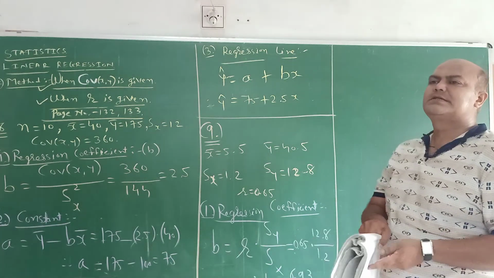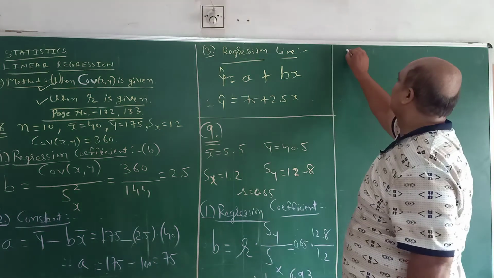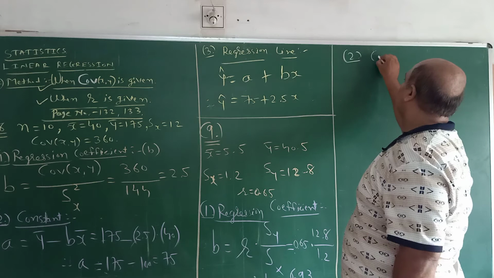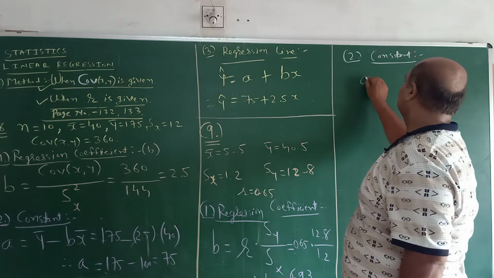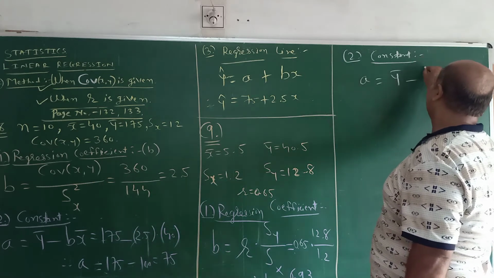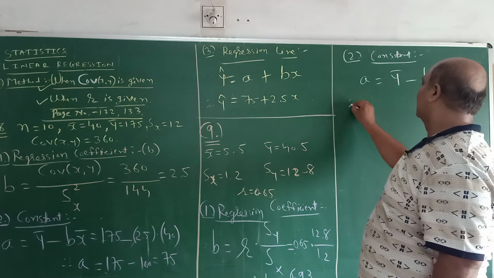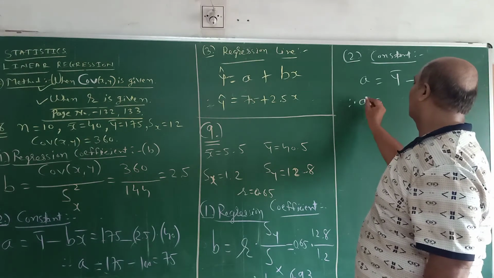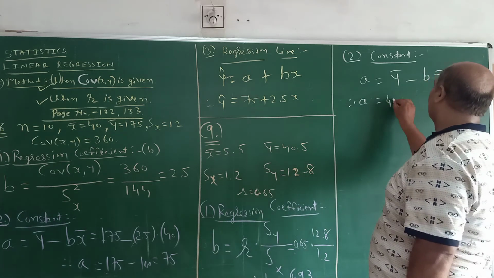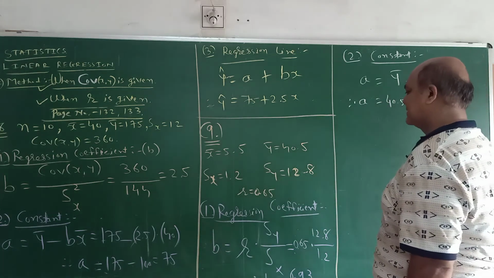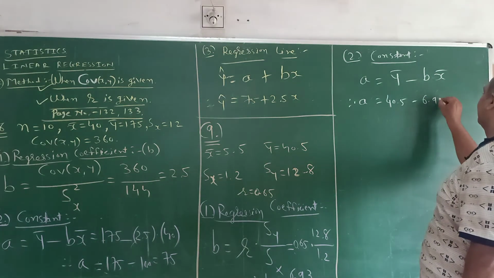My dear students, the second step is constant, that is A. A is equal to y bar minus b x bar. Y bar is 14.5 minus B is 6.93.